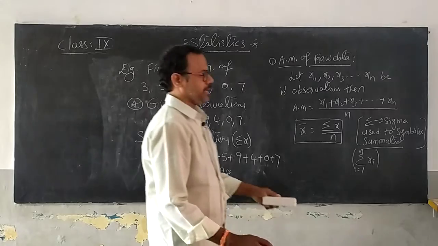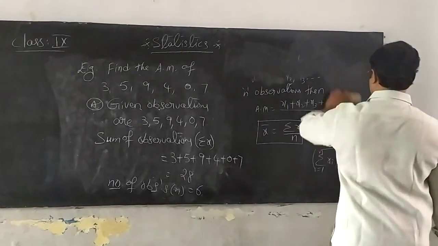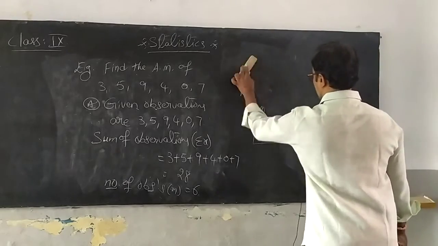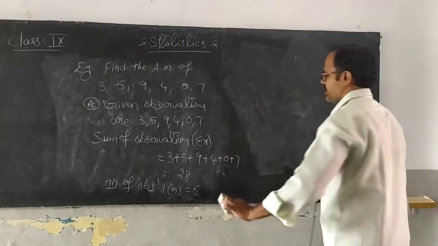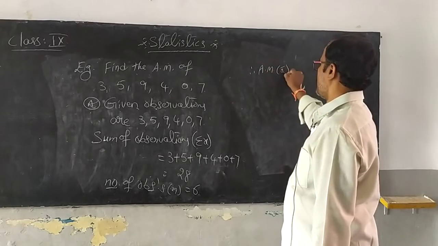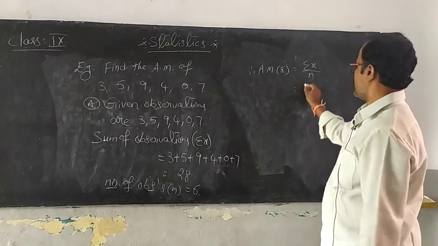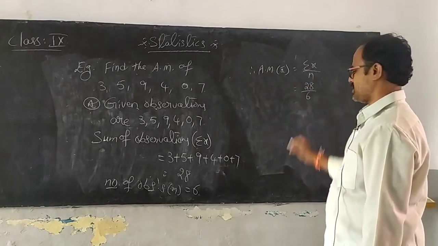Now you want to find the mean. Now tell me the formula. Yes, your formula is the same: x bar is equal to sigma x by n, which is equal to 28 by 6.